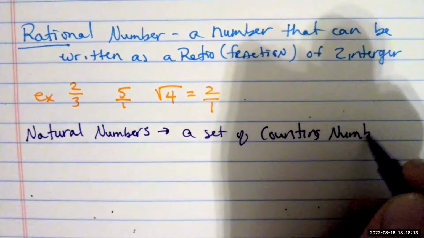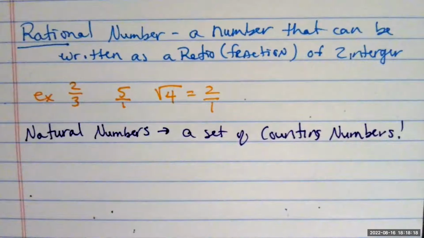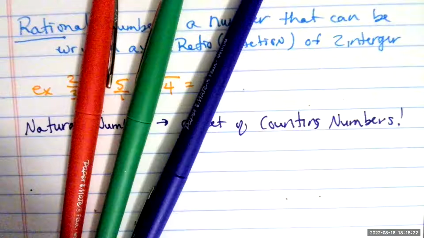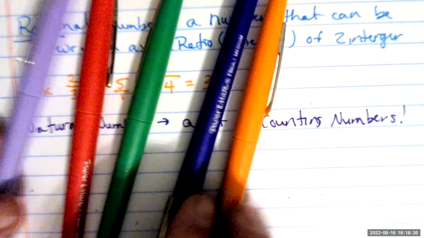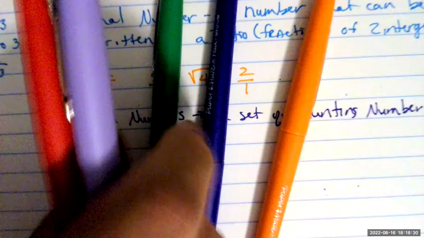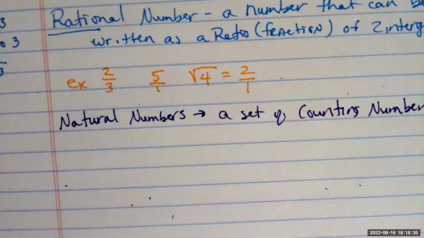So how do you know what a counting number is? Now think about it. If I told you to count something, like these 3 pins here, and then we'll put a couple more here. So if I have these pins here and I say, hey, I want you to count this, then I'm going to say, okay, that's 1, that's 2, that's 3, that's 4, and that's 5. So natural numbers are counting numbers.